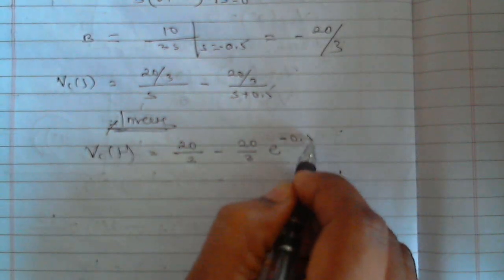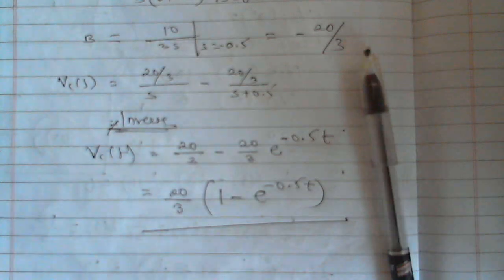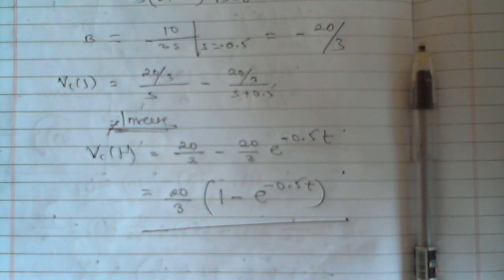If I take the inverse Laplace, Vc of t equal to 20 by 3 only, minus 20 by 3 e raised to minus 0.5 t. Okay, so if I take 20 by 3 common, it is 20 by 3 times 1 minus e raised to minus 0.5 t. So this is how we can solve examples on Laplace transform. Thank you.